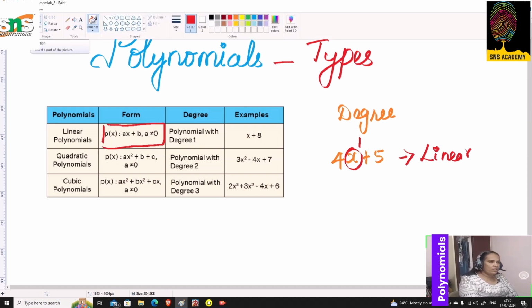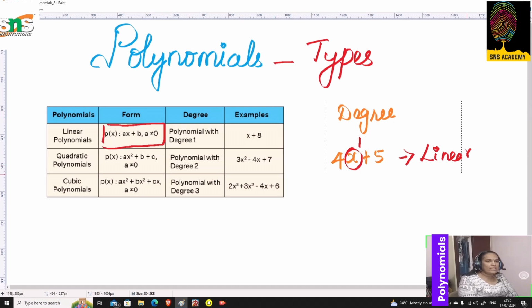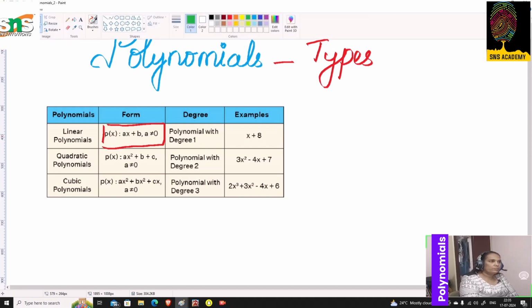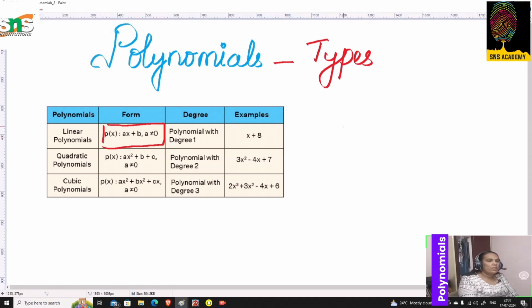Why is it given that a is not equal to 0? Suppose a is equal to 0. In the place of ax plus b, I am going to substitute 0 as a.